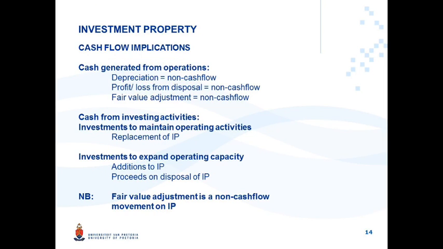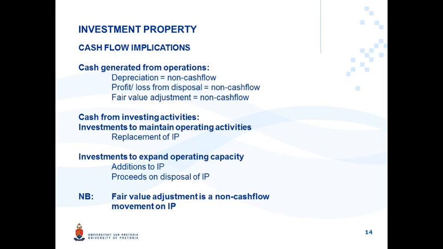Cash generated from operations. Depreciation, when you're applying the cost model, is a non-cash flow item. Profit or loss from disposal, as well as a fair value adjustment when you apply the fair value model, is non-cash flow.